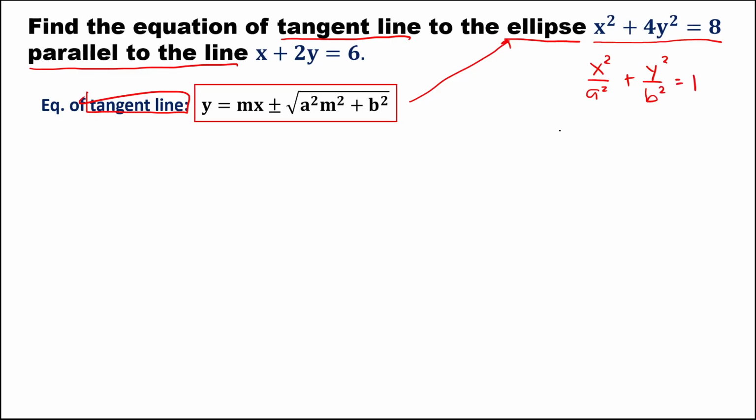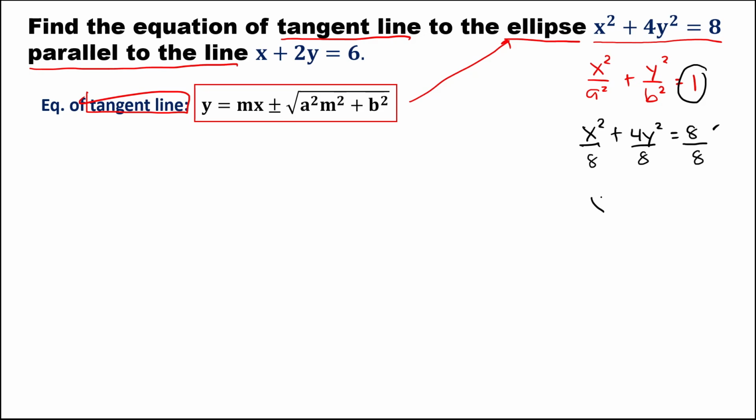1. So from the given equation, x squared plus 4y squared equals 8, to make this equation equal to 1, we need to divide every term by this number. So divide by 8.